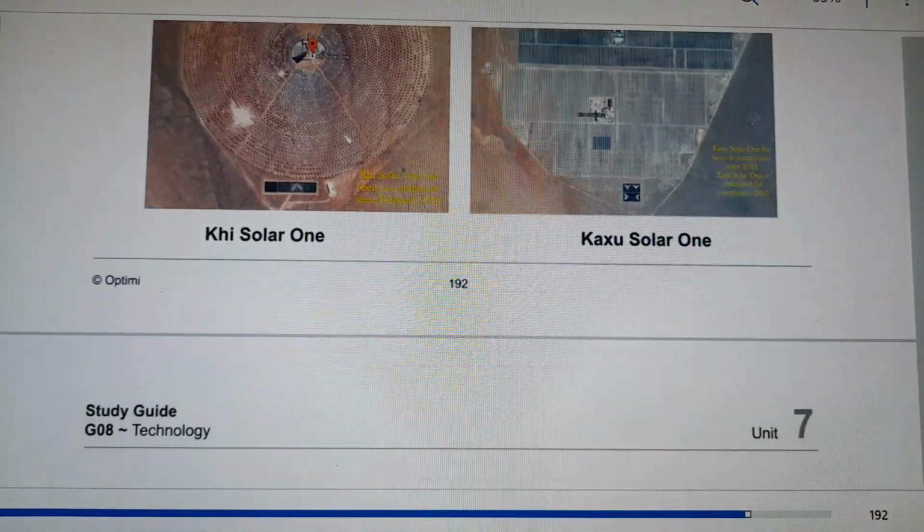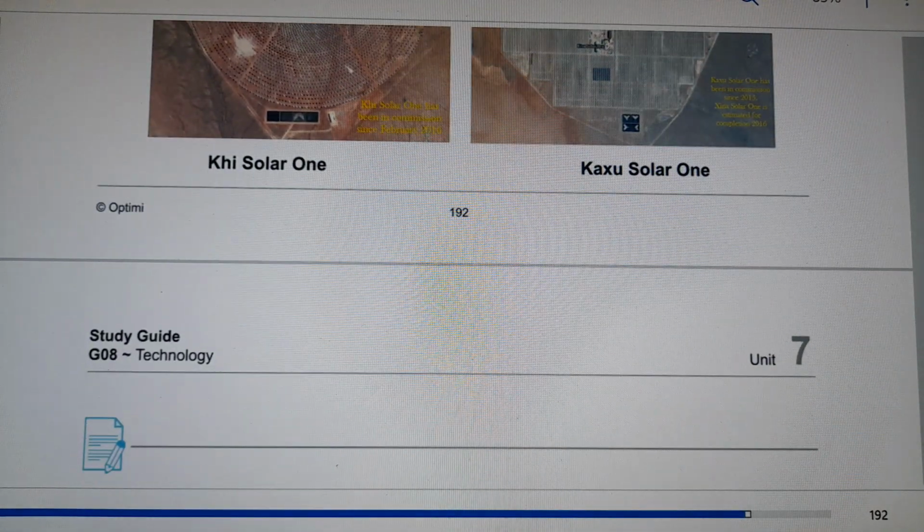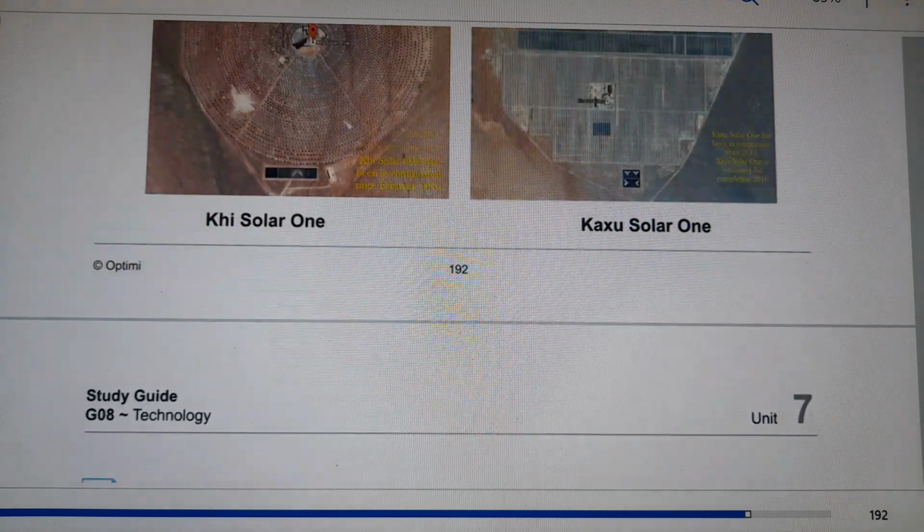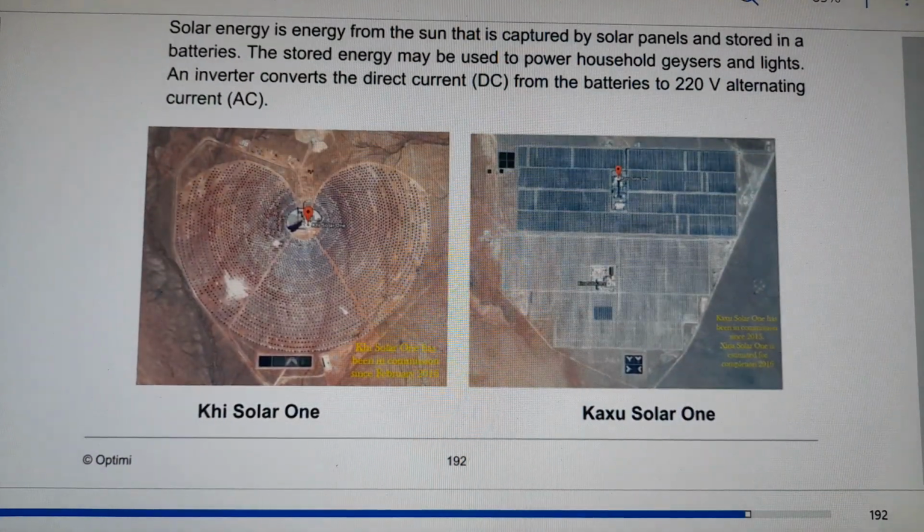Okay, so the alternatives that we have learned about so far are wind power and solar power. And the generation power stations are coal power stations, nuclear power stations, and hydroelectric power stations.